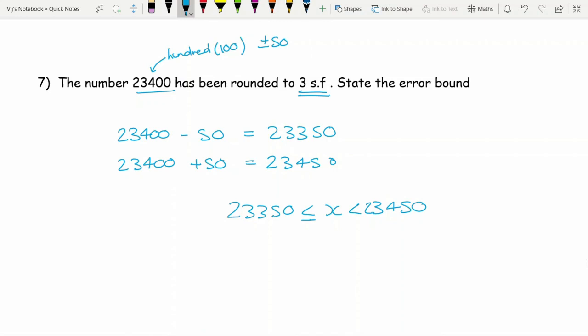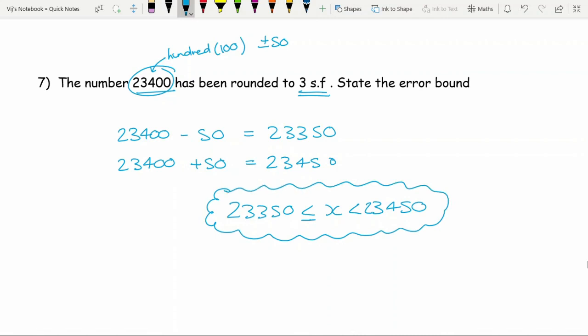So for this number, I don't need to underline that inequality sign. So this here would be our error bound.